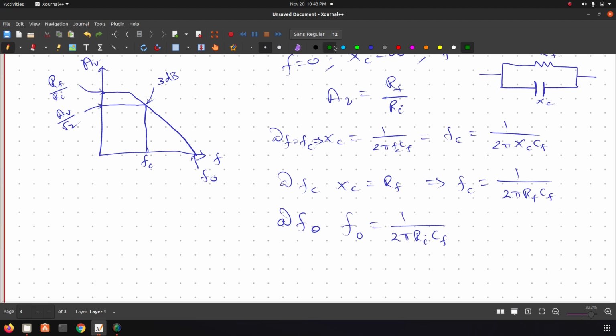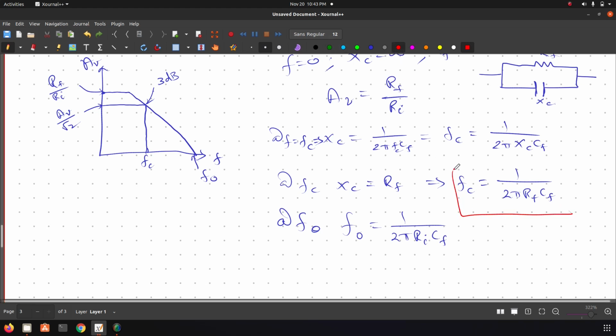So these are the two important formulas we should know in order to get an accurate integration. In order to get an accurate integration, the frequency of the input should be greater than fc and less than f naught.